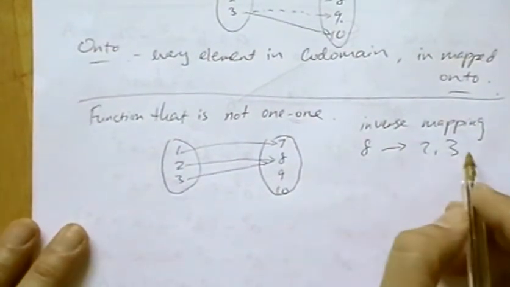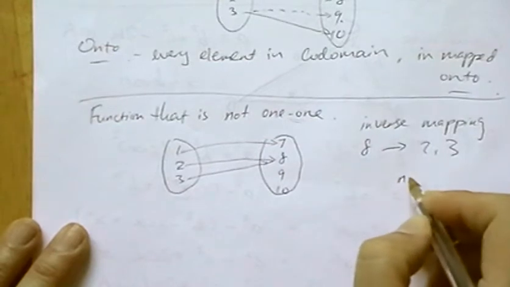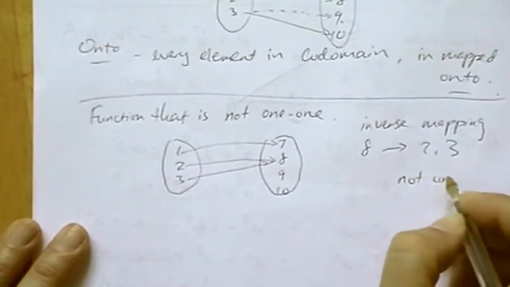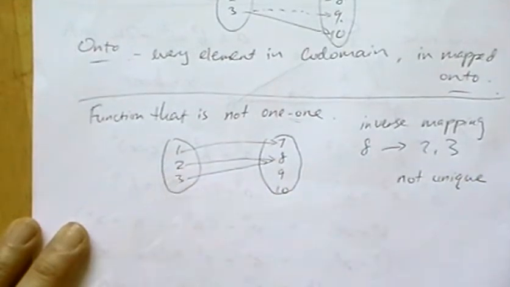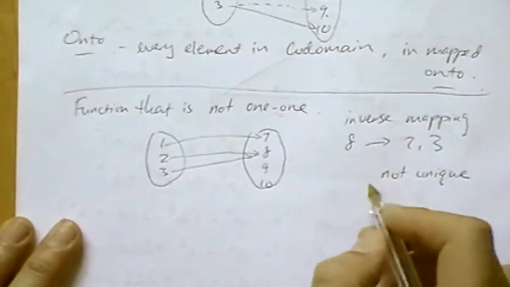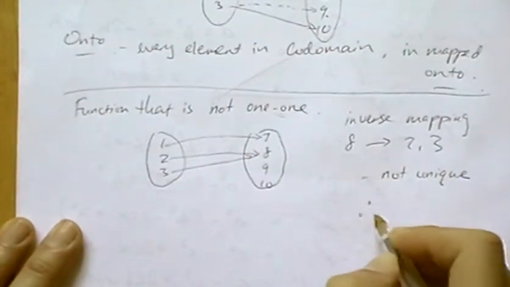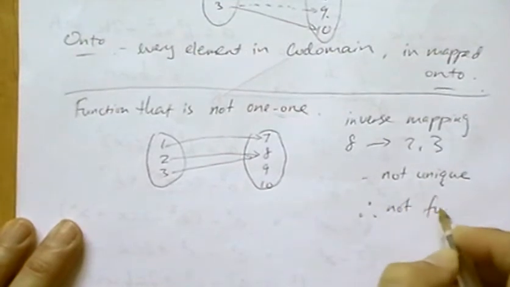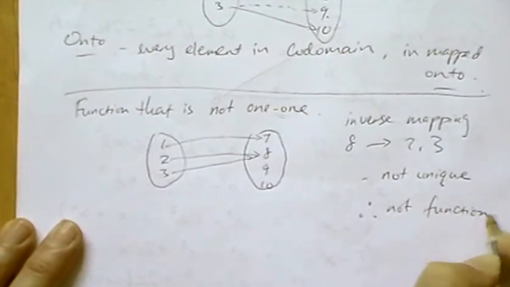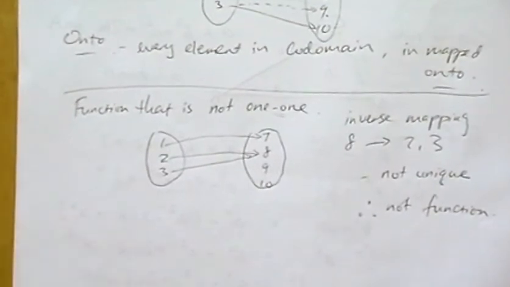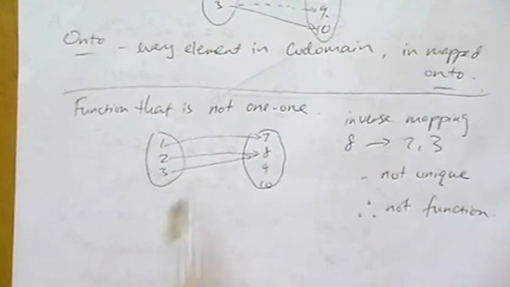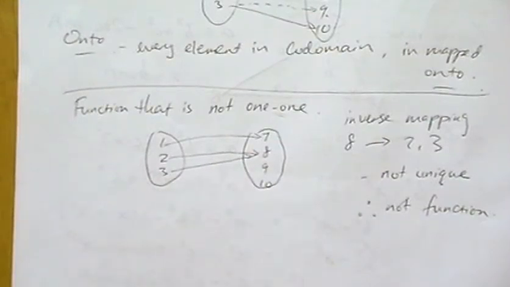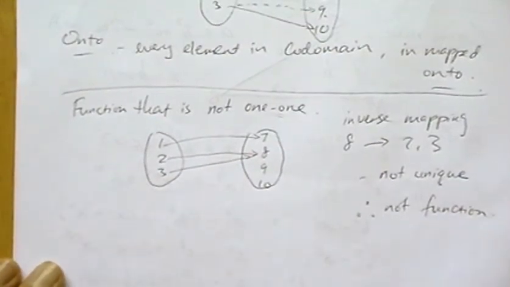Now, if 8 maps back to 2 and 3, it means that this mapping is not unique because one number maps to 2 possible numbers. And if it is not unique, it is not a function because we have said that a function has to give a unique answer. So in this case, this inverse mapping from 8 gives 2 possible answers. So the answers are not unique, not just one answer.